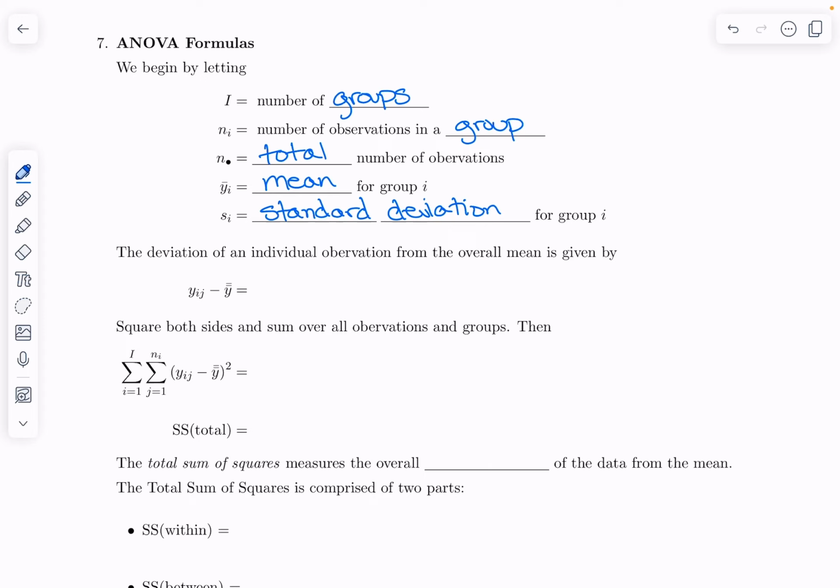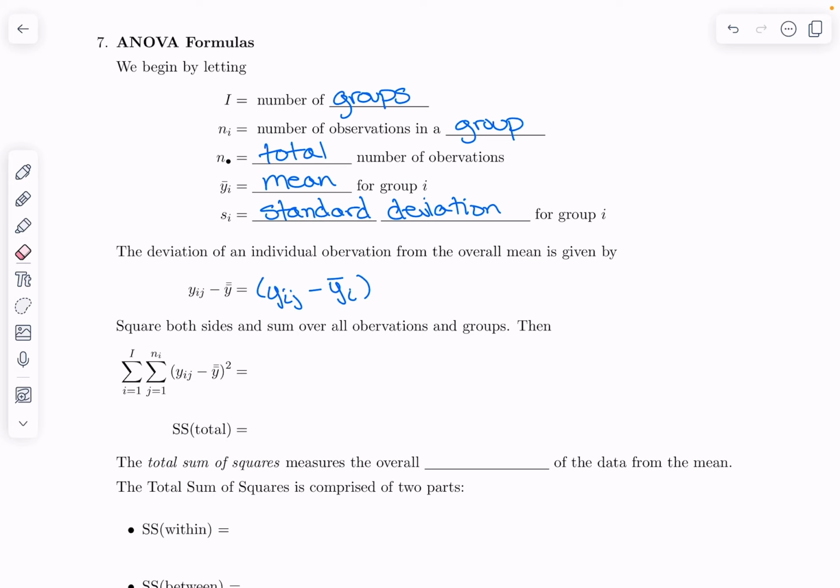Well, one way to look at it is to take that observation y sub ij and then subtract its group mean, because that compares that observation to its group mean and how far away it is from its group mean. But then I'm going to add to it y sub I bar again. That'll cancel out the previous y sub I bar minus y sub double bar.